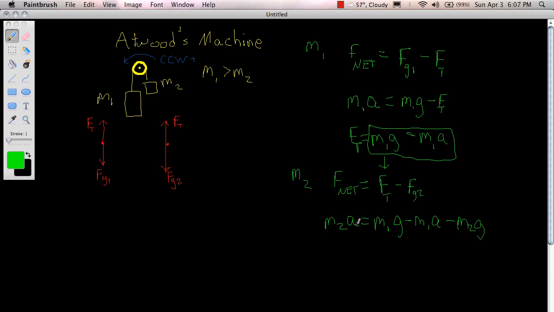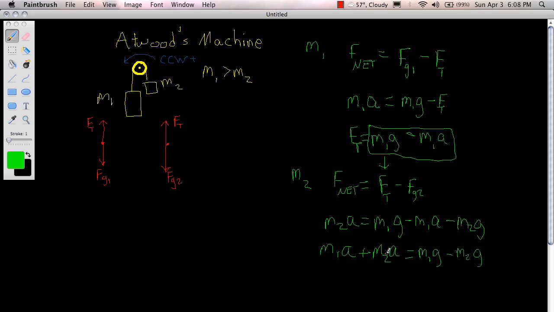So now we have an equation that only has mass, acceleration, and gravity in there, and my ultimate goal is to determine the acceleration for the entire system. So I'm going to do a little bit of algebra, collect like terms. I get M1 a, and add this to both sides, plus M2 a is equal to M1 g minus M2 g.